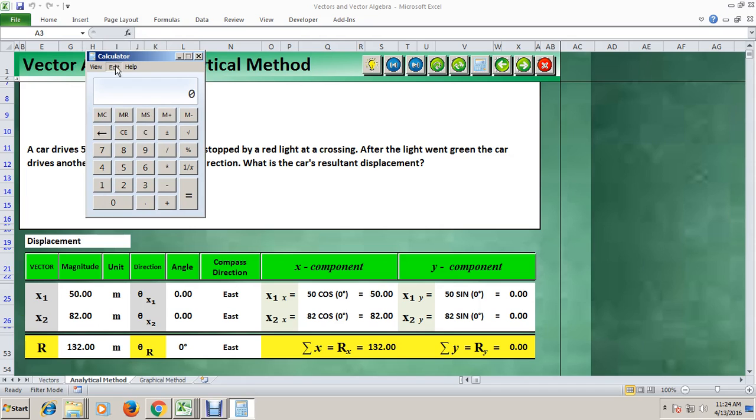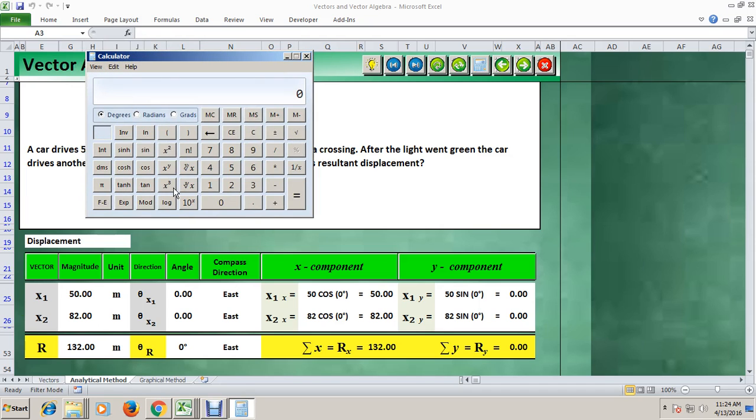So for example, if we compute for the cosine of 0, wherein 0 is expressed in degrees, that is why the symbol here is cosine d, meaning cosine degrees, the value is equal to 1.